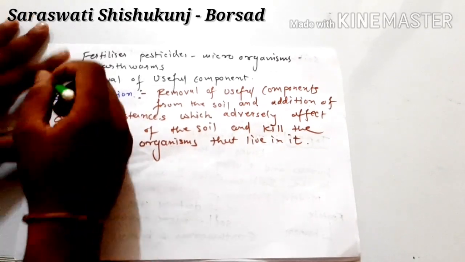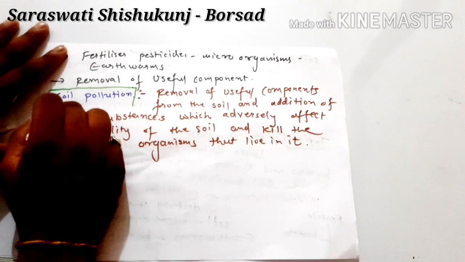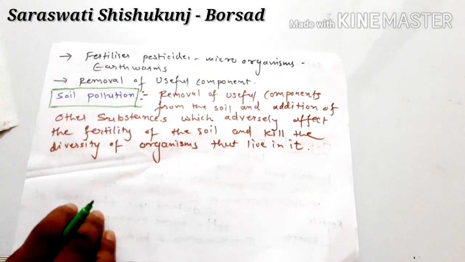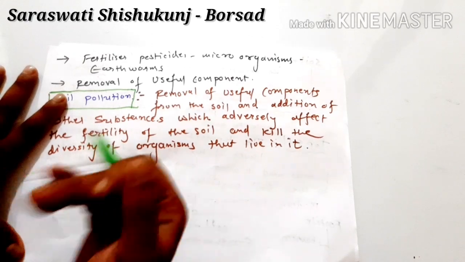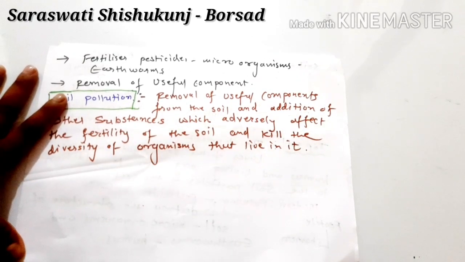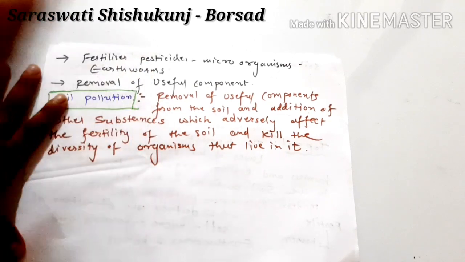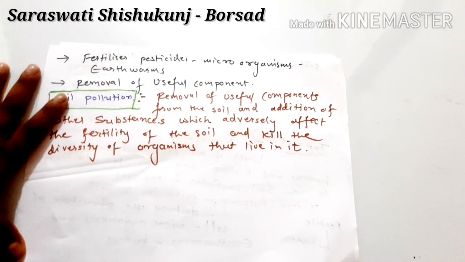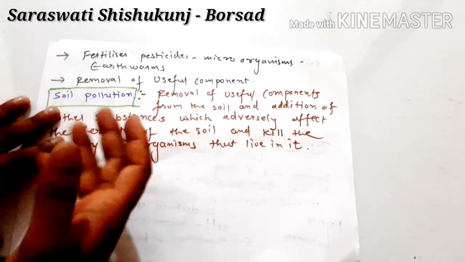So generally in soil pollution we are removing the useful components and adding harmful components, which affect the fertility of the soil and kill the diversity of that particular area.